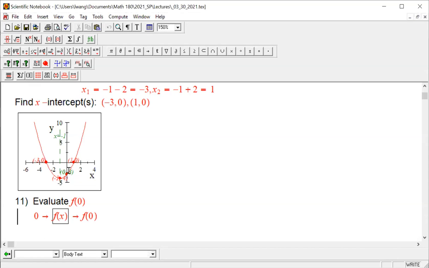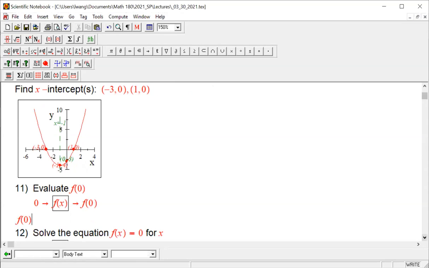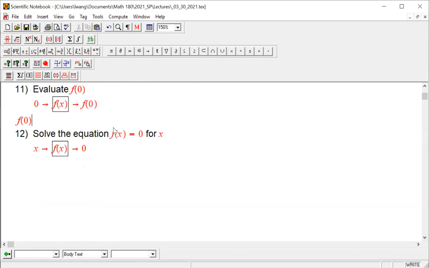The other meaning is when we have f of 0, the geometric perspective is telling us that since the input x is 0, input x equal to 0 is a vertical line, right?